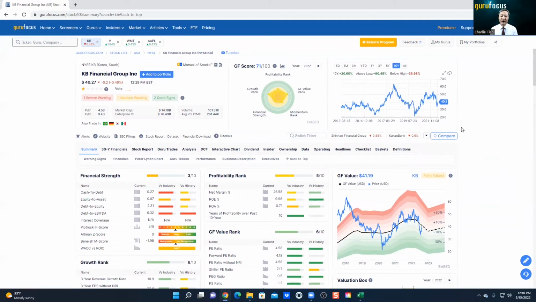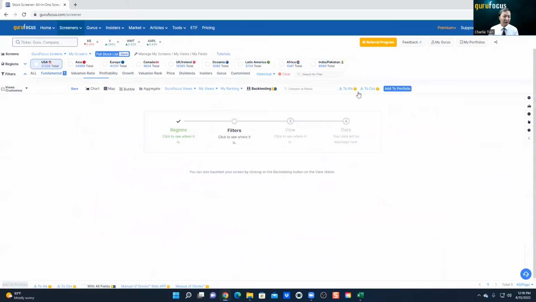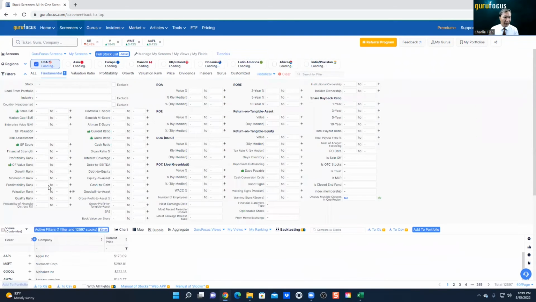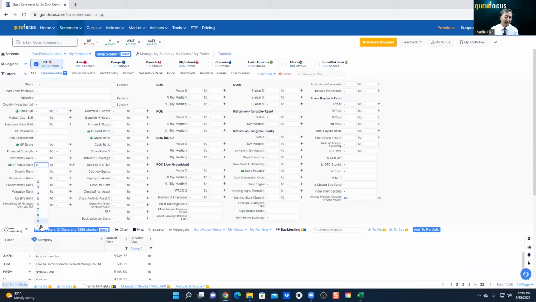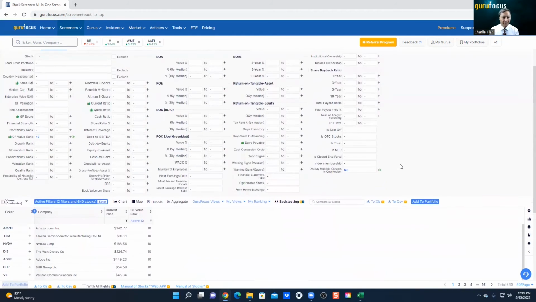Where do you find the most undervalued stocks, if that's your favorite? Always go to our All-in-One Screener, and we have a filter called GF Value Rank. With the highest rank ones, we think that they are mostly at the optimum point for future performance. It doesn't mean that the cheaper they are, the higher the GF Value Rank.